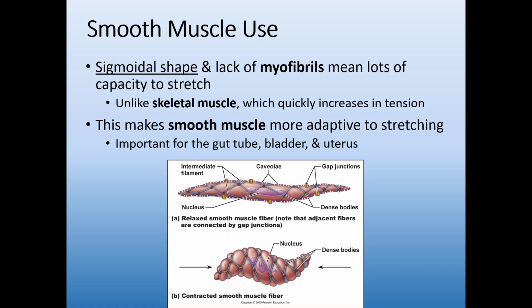When we are swallowing, we're constricting behind it to push that food down, but the food itself is expanding that tube. It needs to stretch to accommodate that while you're swallowing. Same thing with your bladder, for example. As the bladder fills with urine, it needs to stretch to accommodate that. And it's these smooth muscle cells and the way they're designed that accommodates that stretching.